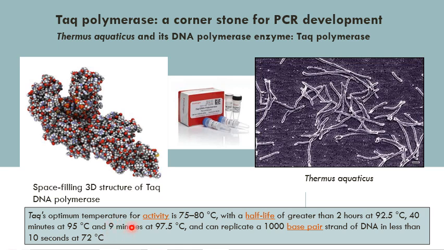For example, here at 97.5, the half-life will be 9 minutes. It means that even at high temperature, it will be stable for a certain amount of time. And it has the ability to replicate a 1,000 base pair strand of DNA in less than 10 seconds at the optimal temperature.